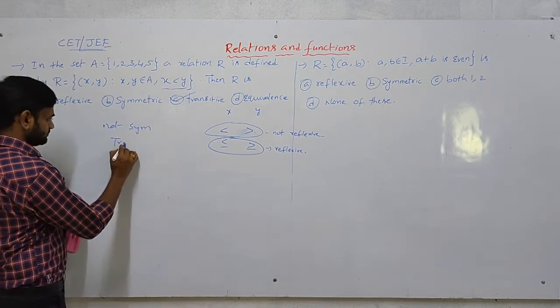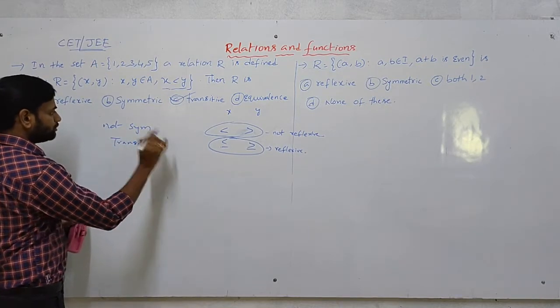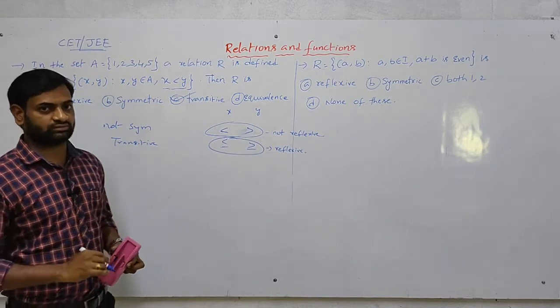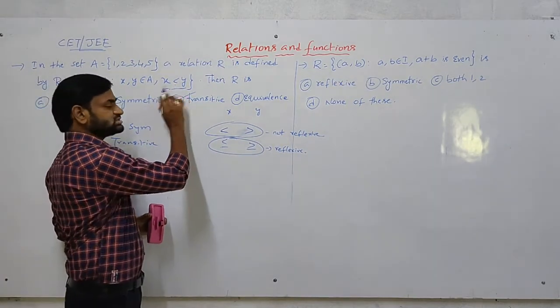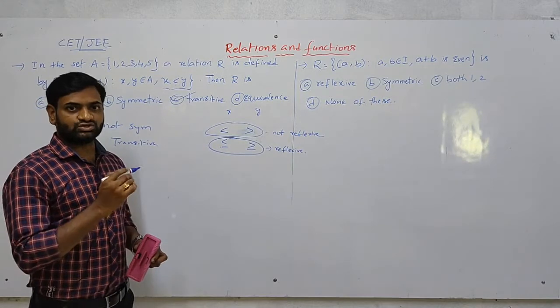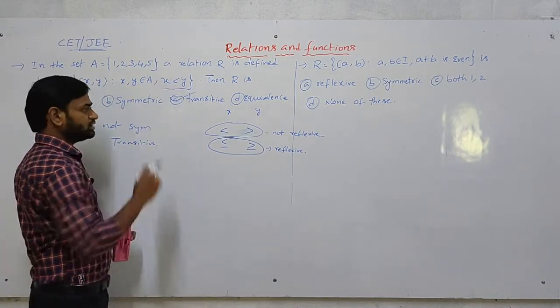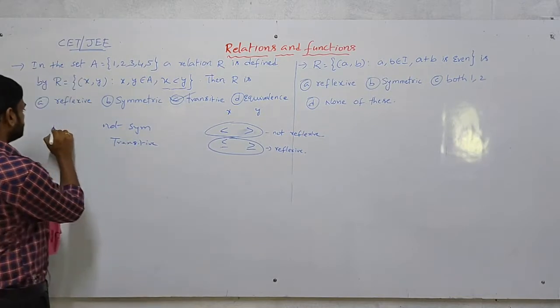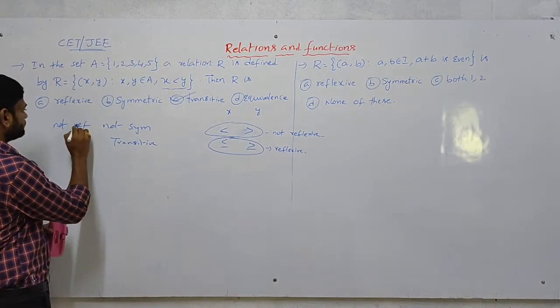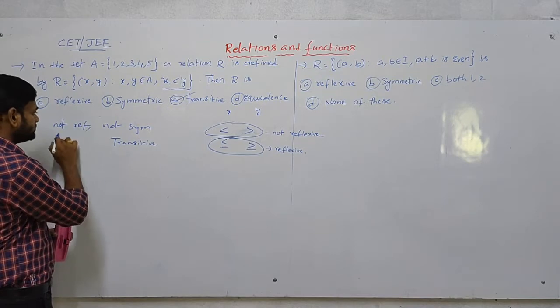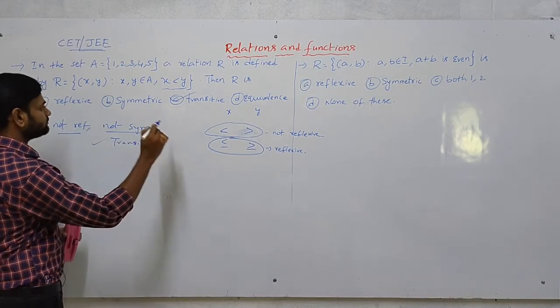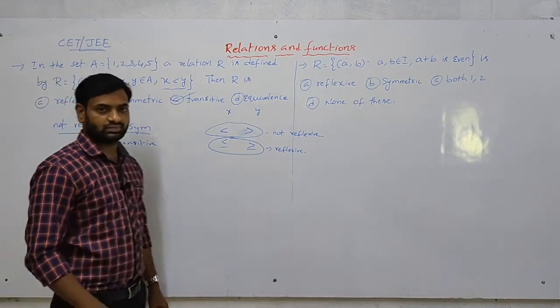Now we have to check reflexive or not. Here an equal symbol means reflexive. No equal symbol means not reflexive. Here there is no equal symbol, so it is not reflexive, not symmetric. Then what is that? Transitive. That's it.